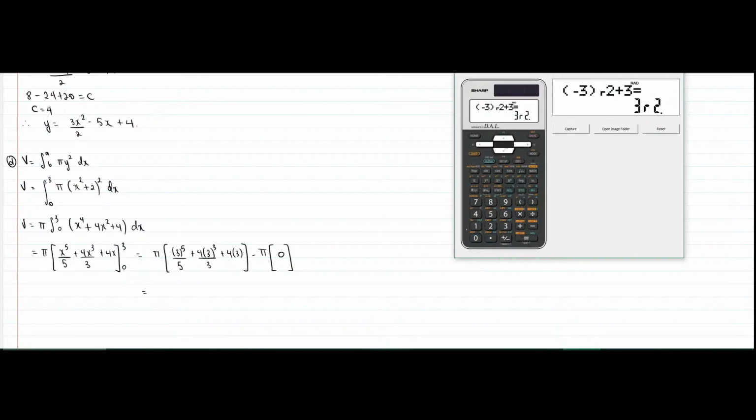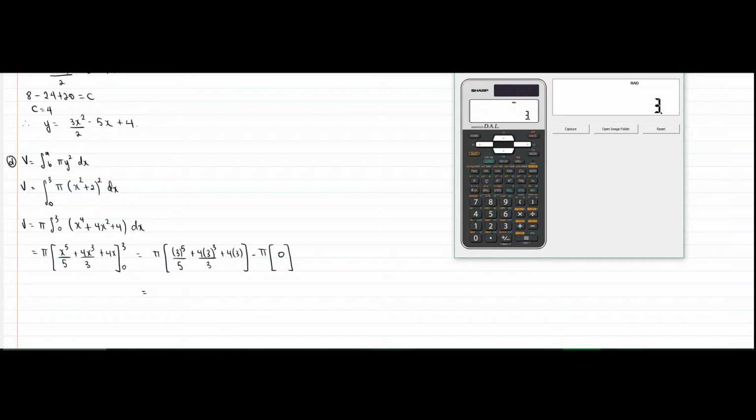Substitute my upper limit: I get 3 to the power 5 over 5 plus 4 into 3 to the power 3 over 3 plus 4 into 3. Take away pi, and just give it a quick look. Every term has an x and I'm substituting 0, so everything will reduce to 0 in the second bracket. I'm leaving my answer in terms of pi.